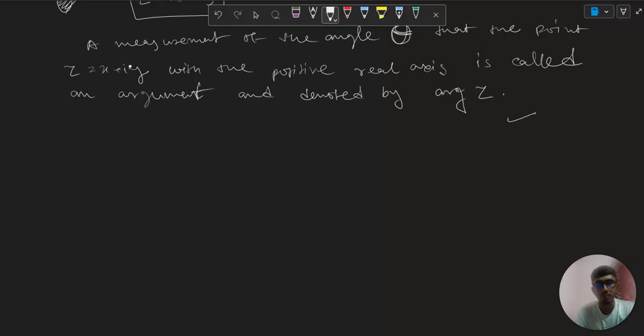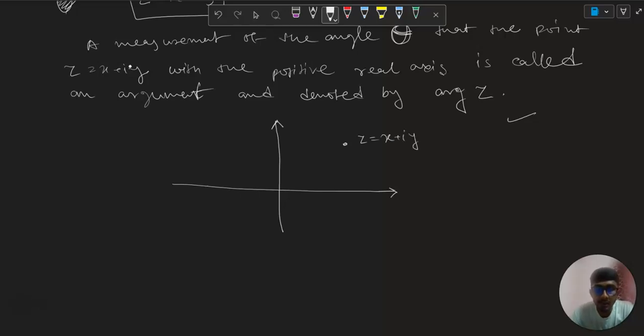So let's make it more clear what is theta and what is r in the diagram. This is my complex plane, right? This is the real axis and the imaginary axis, and this is the point z equal to x plus iy.